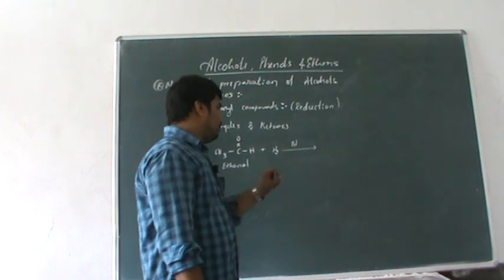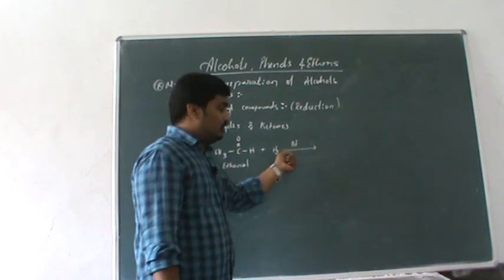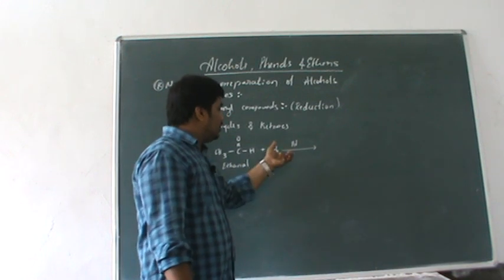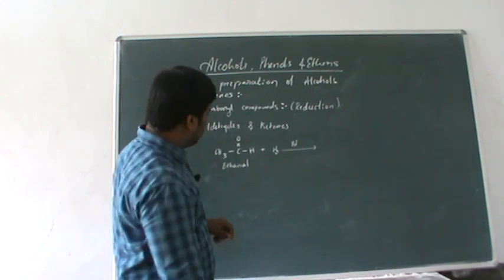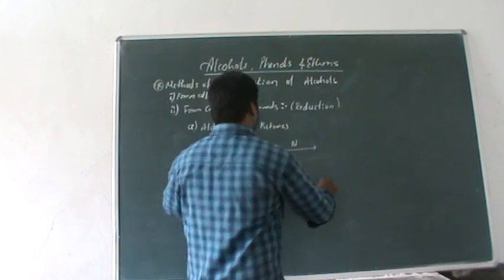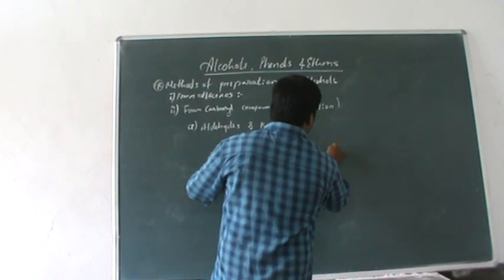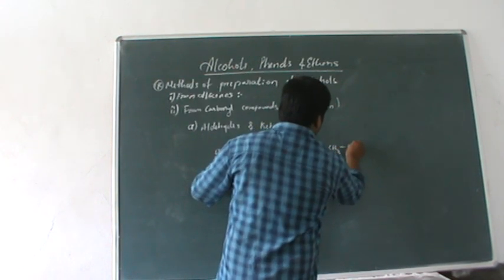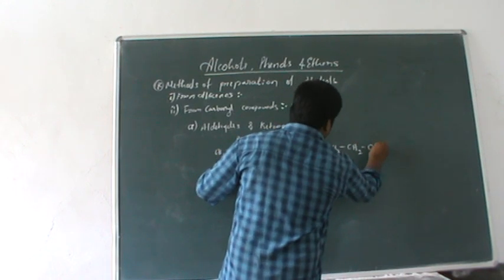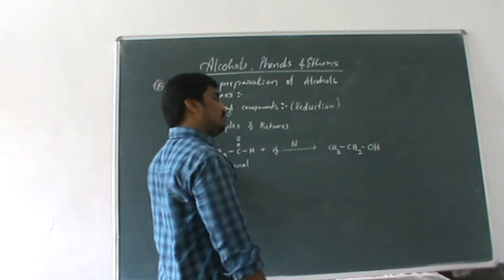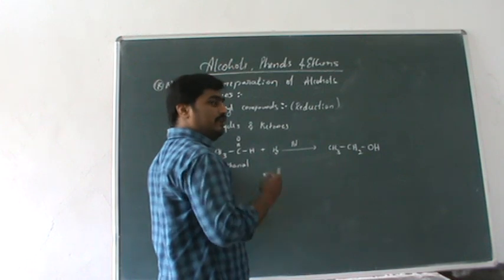The hydrogen becomes activated in the presence of the catalyst and attacks the aldehyde, giving primary alcohol. On what basis can you say it is primary?